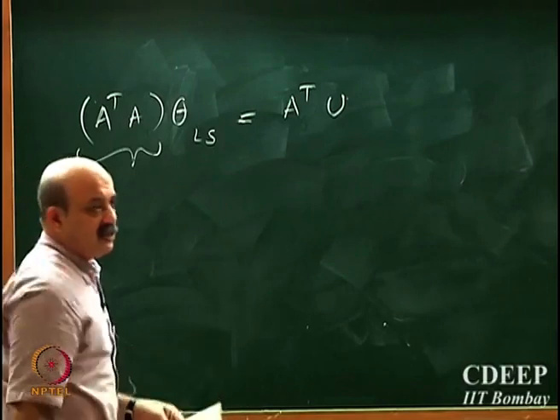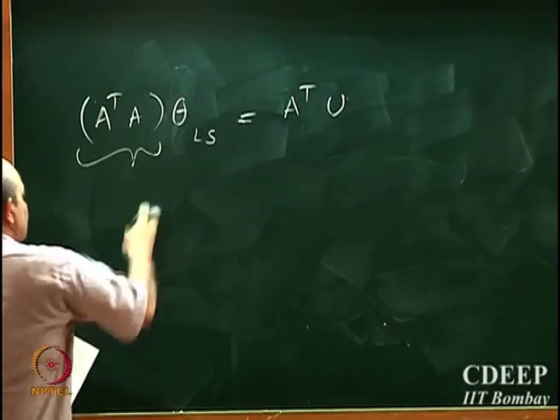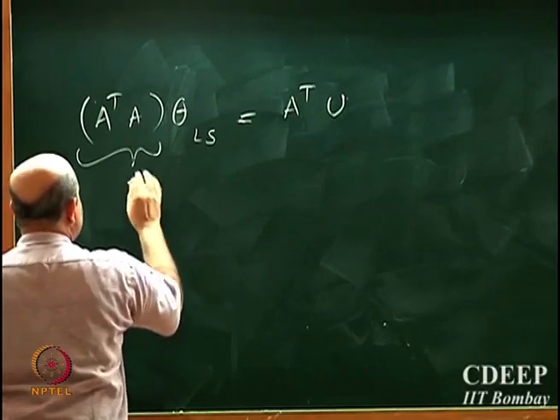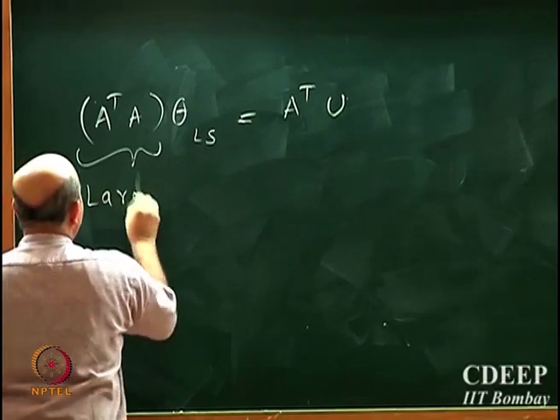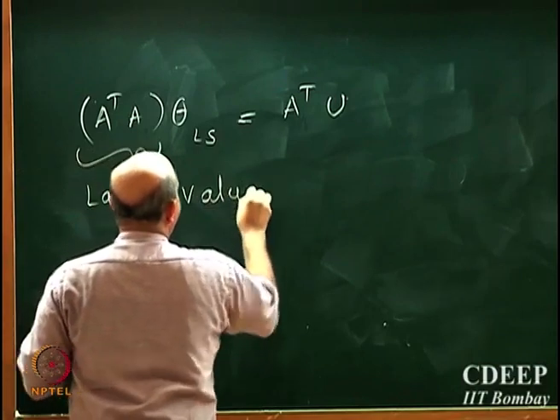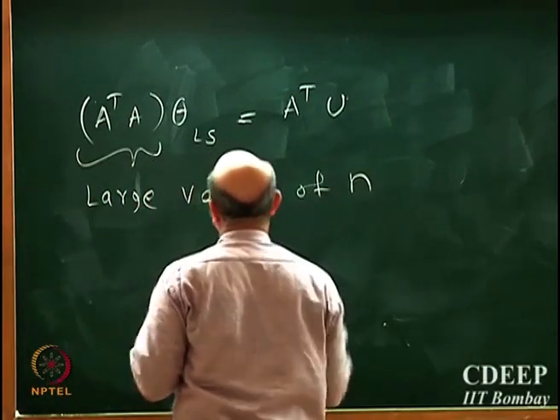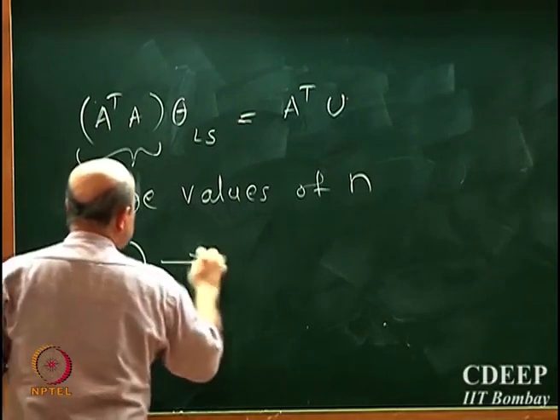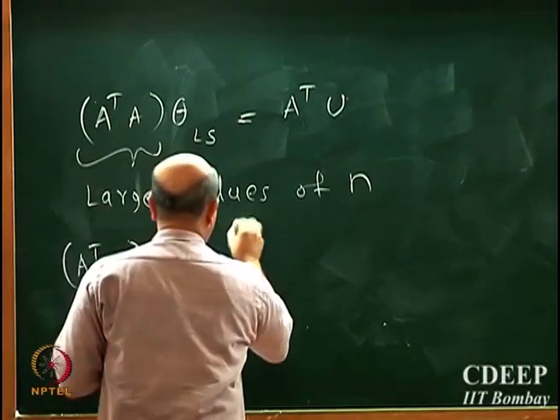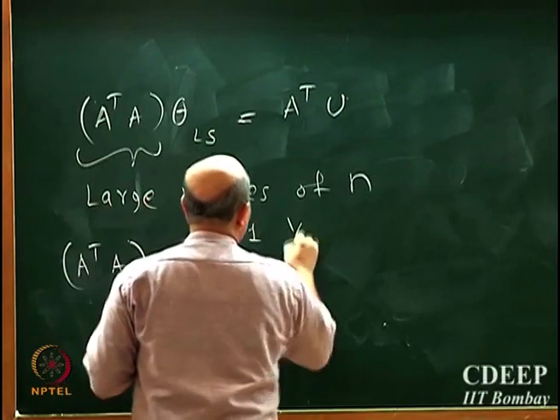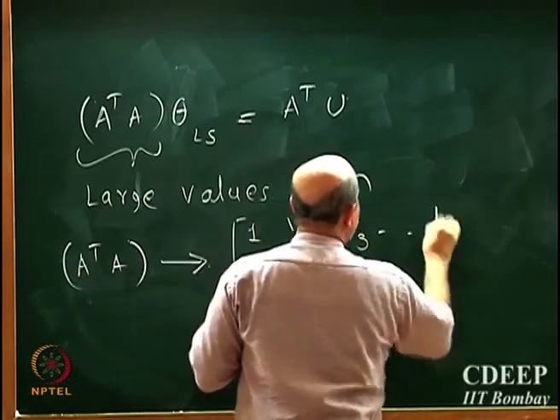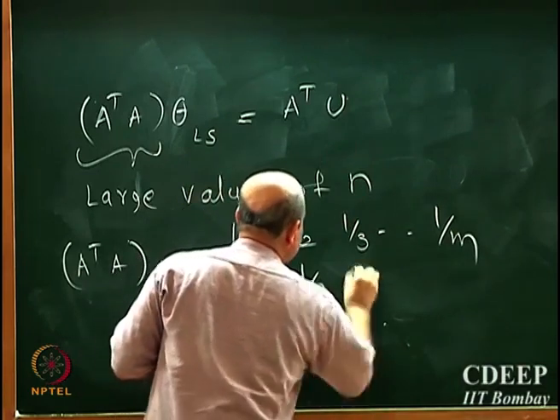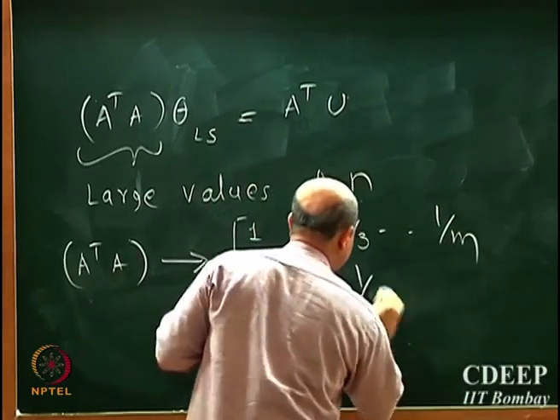The proof is just given here, I am not going to write it down on the board. So for large values of n, A transpose A tends to 1, 1/2, 1/3, up to 1/m, 1/2, 1/3, 1/4.